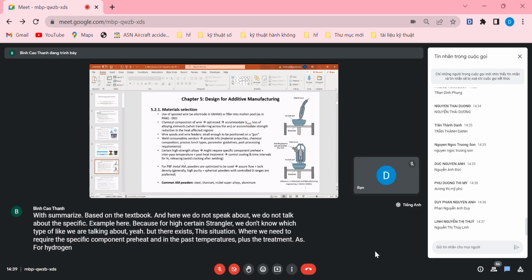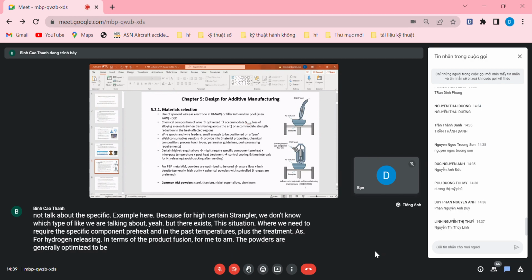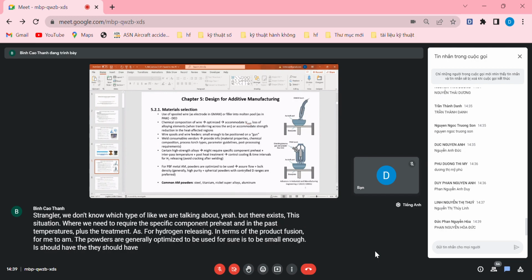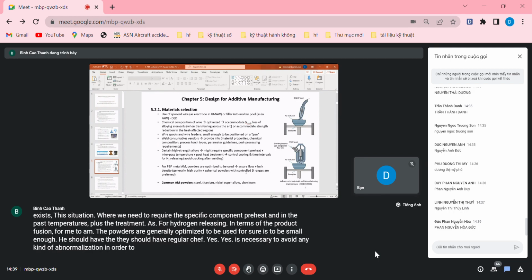For hydrogen releasing. In terms of powder bed fusion for metal AM, the powders are generally optimized to be used. They should be small enough and have regular shape. This is necessary to avoid any kind of agglomeration in order to guarantee the flow and the bulk density.